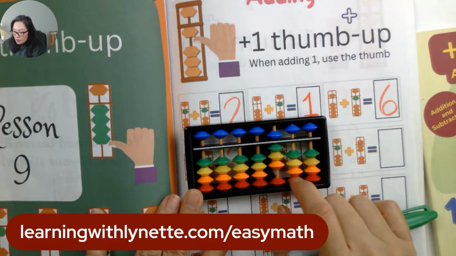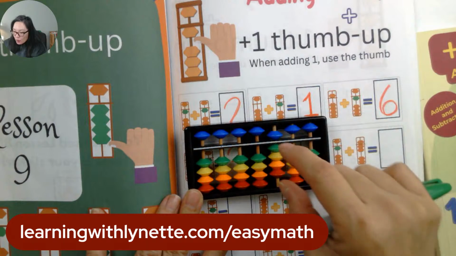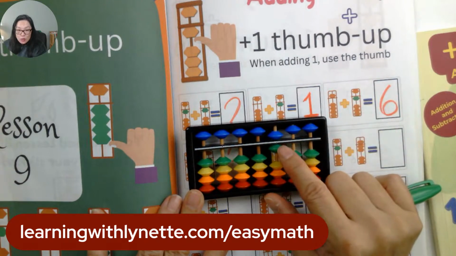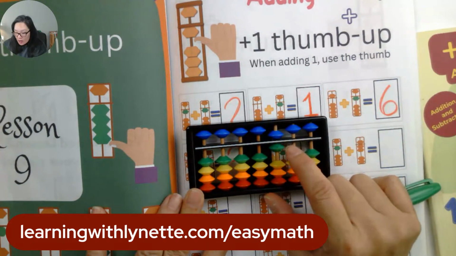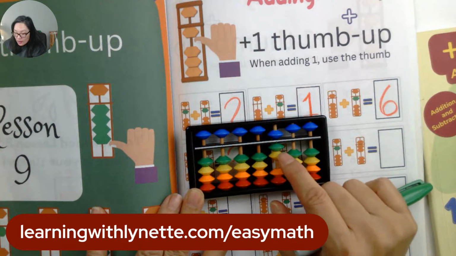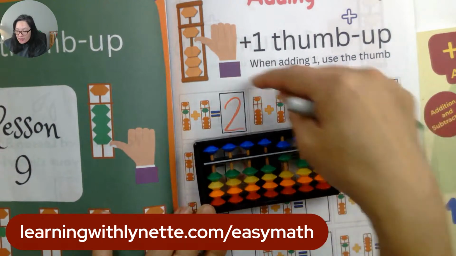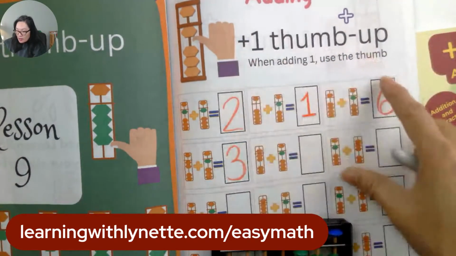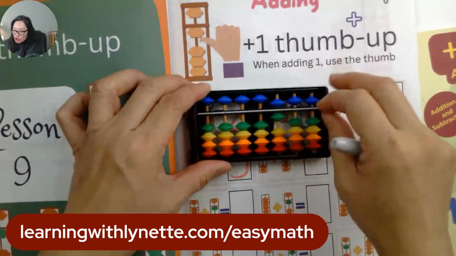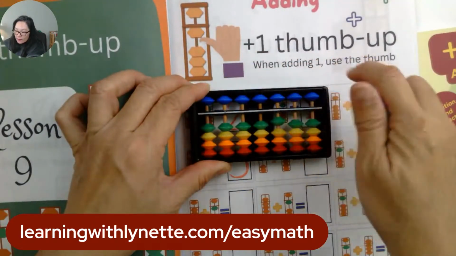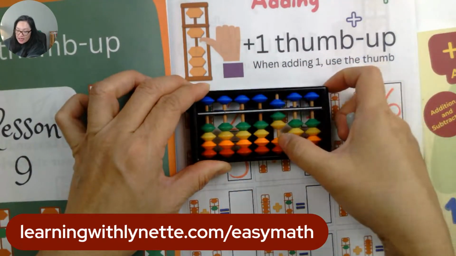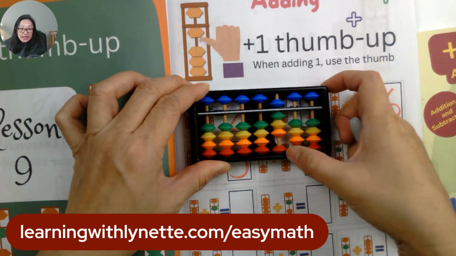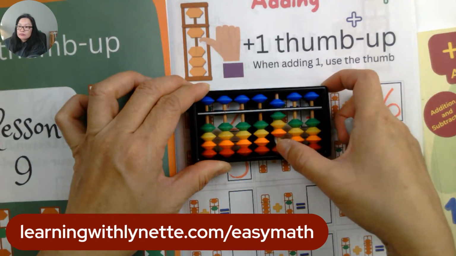When we add one, they think this is one, but it's not. This can be one or this can be one. That's why I have my numbers plus one. I just wanted to show that if they add a bead, it can be any bead from the bottom, if that makes sense.